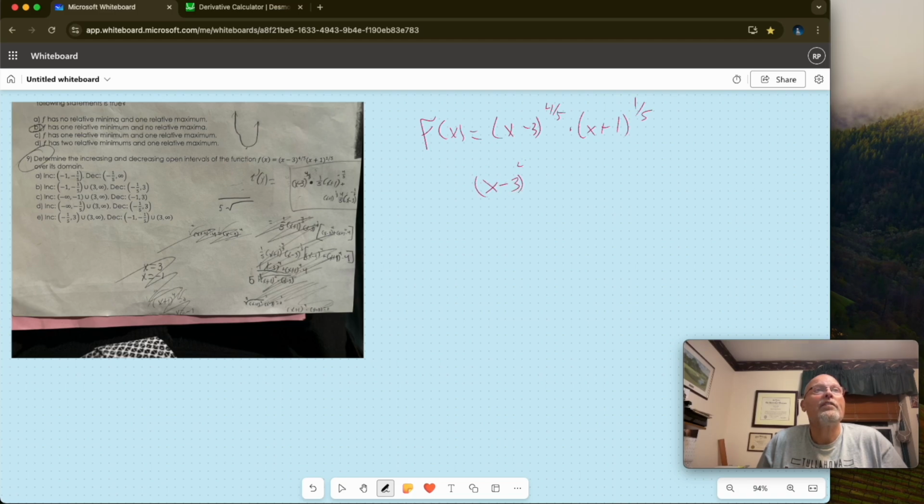the 4/5 times d by dx of this, which is 1/5 times (x plus 1) to the negative 4/5 times the derivative of x plus 1, which is 1.